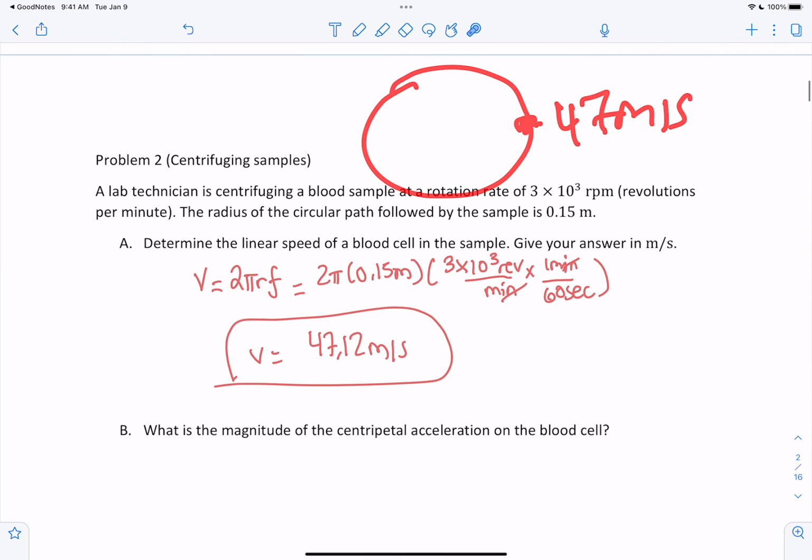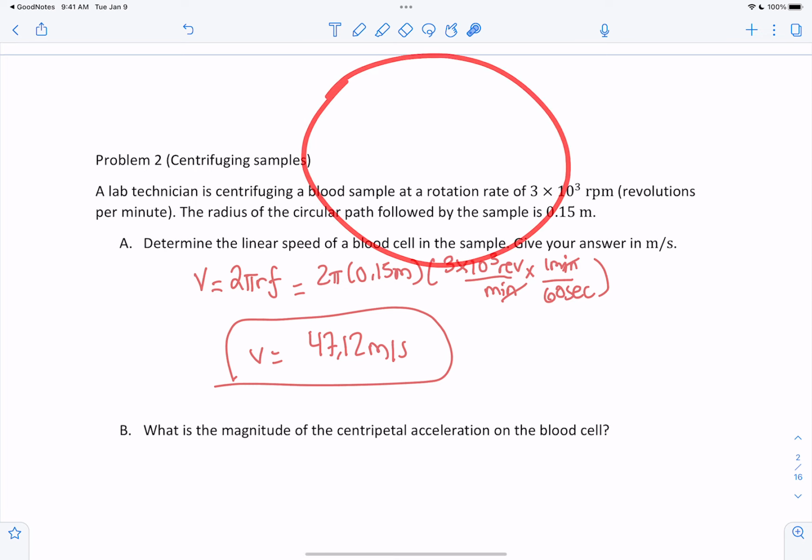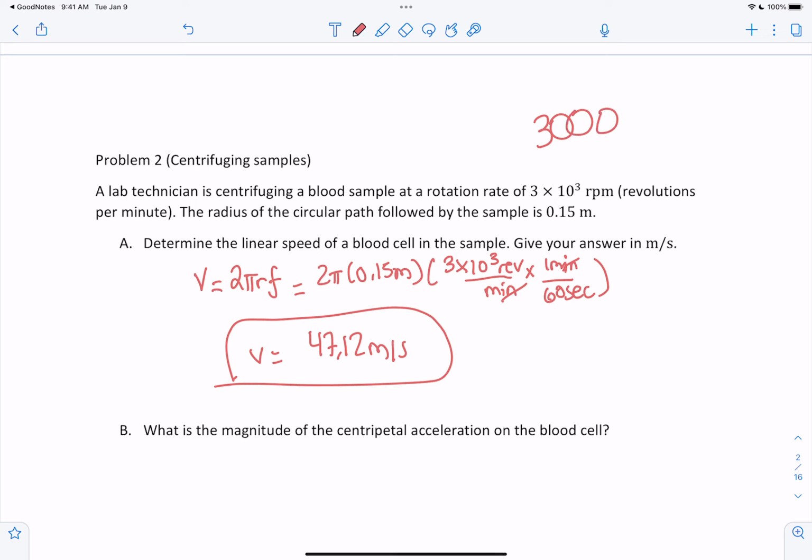But let's say that I travel completely around the circle. I take 3 times 10 to the third revolutions per minute. So I travel every minute 3 times 10 to the third revolutions. That just means in every minute I travel around the circle 3,000 times. That's what it means.